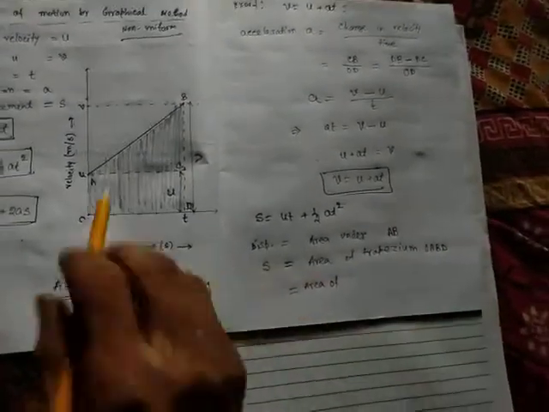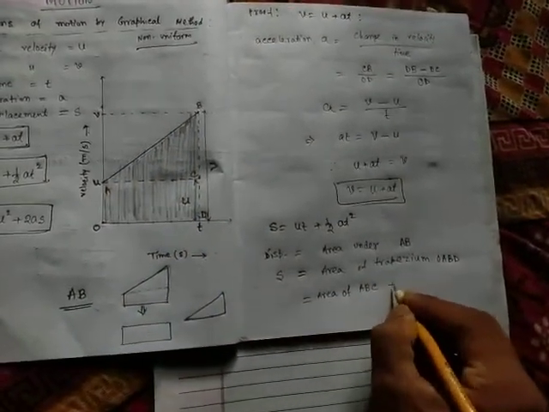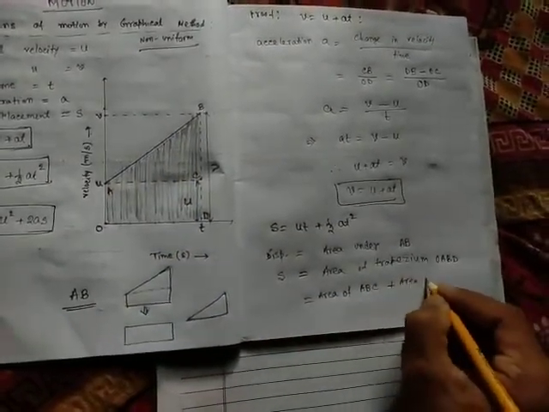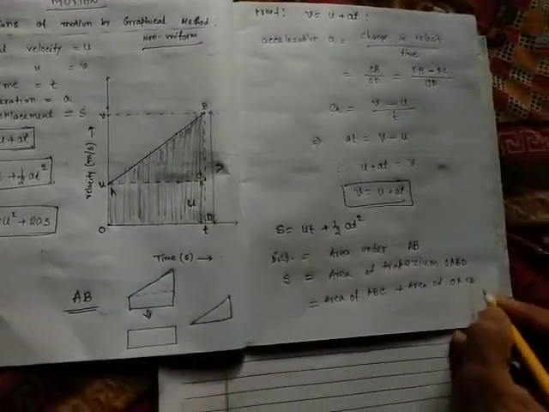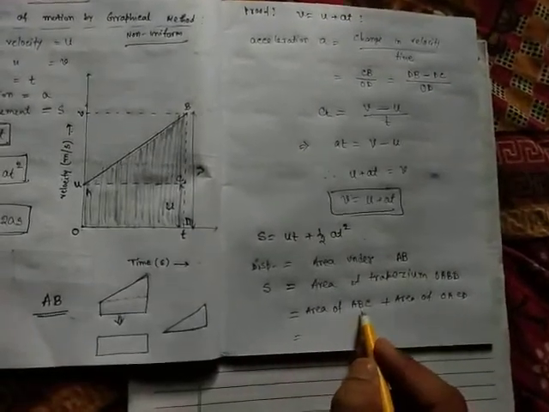Now come here. The area of trapezium OABD is equal to the area of right-angled triangle ABC plus the area of rectangle OACD. Clear? Now see the area of ABC.